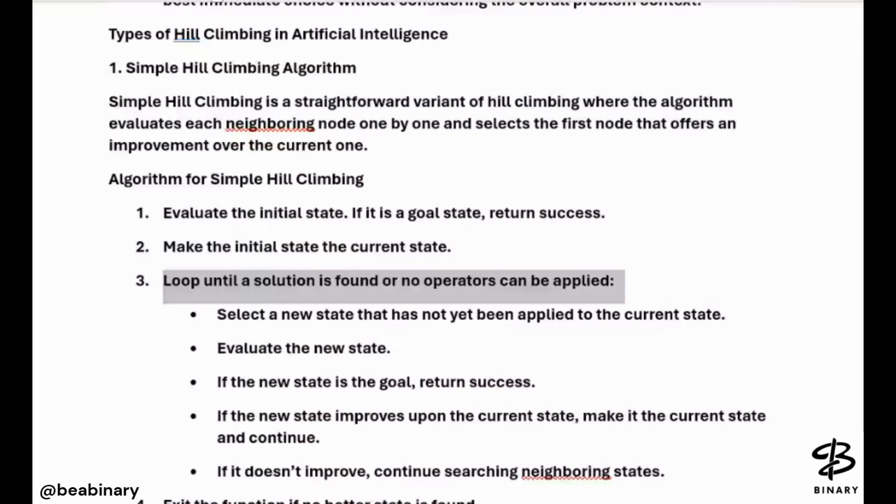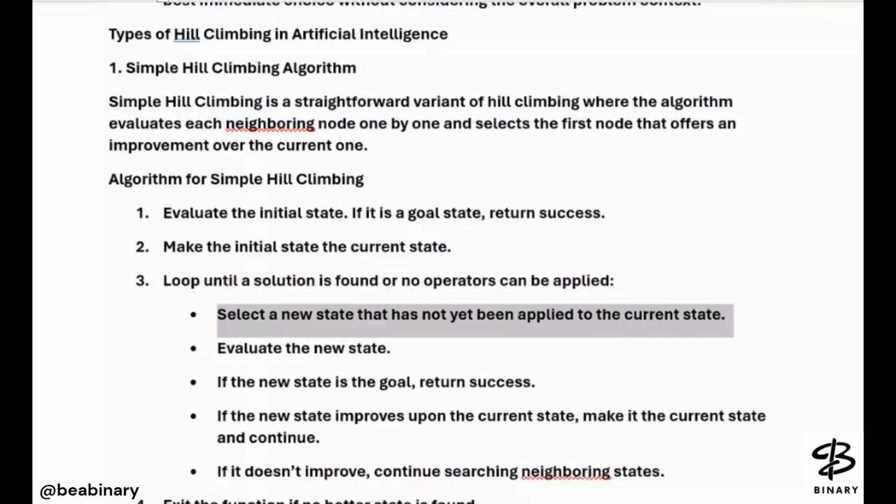Again, in the loop, we select a new state that has not yet been applied to the current state, evaluate the new state, and if the new state is a goal, then return success. If the new state improves upon the current state, or is near to a goal state, make it the current state and continue. We pass to that improved state and make it the current state.